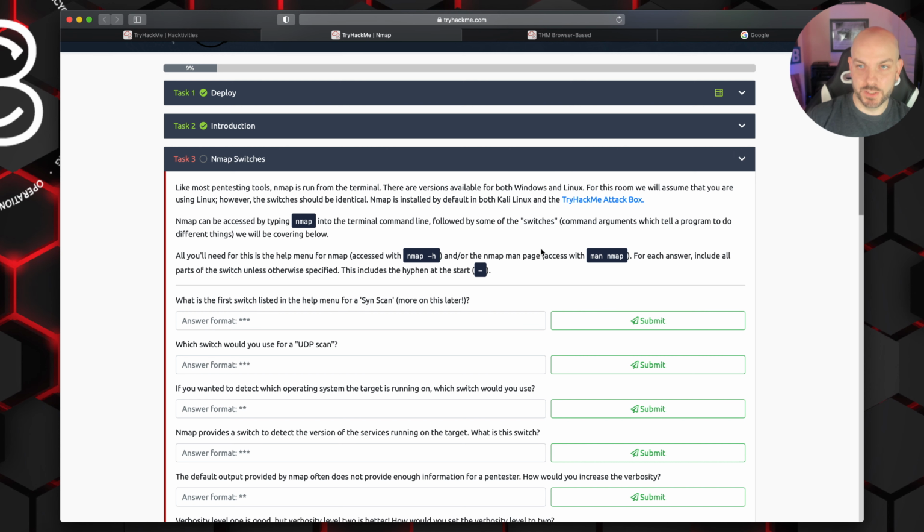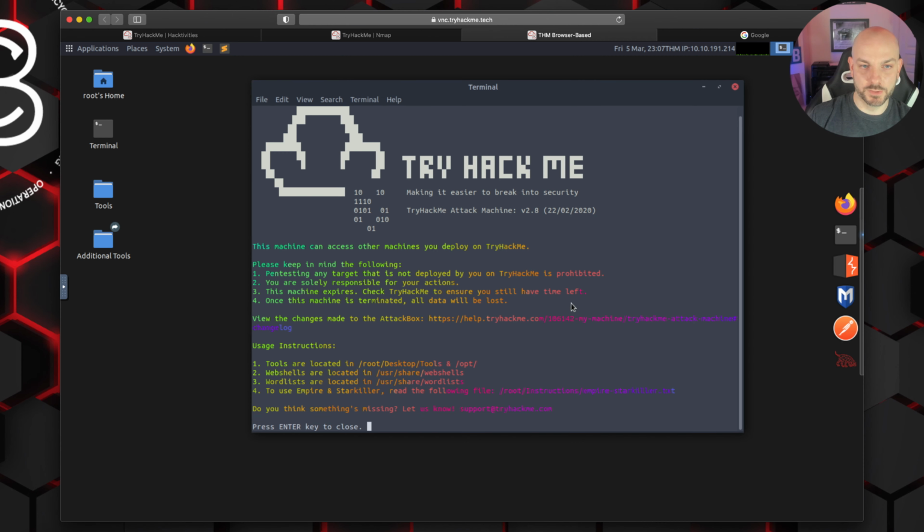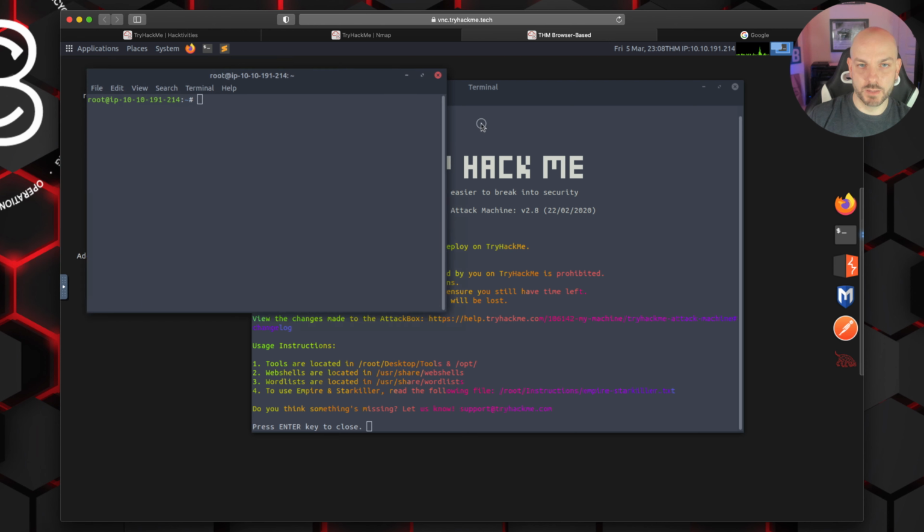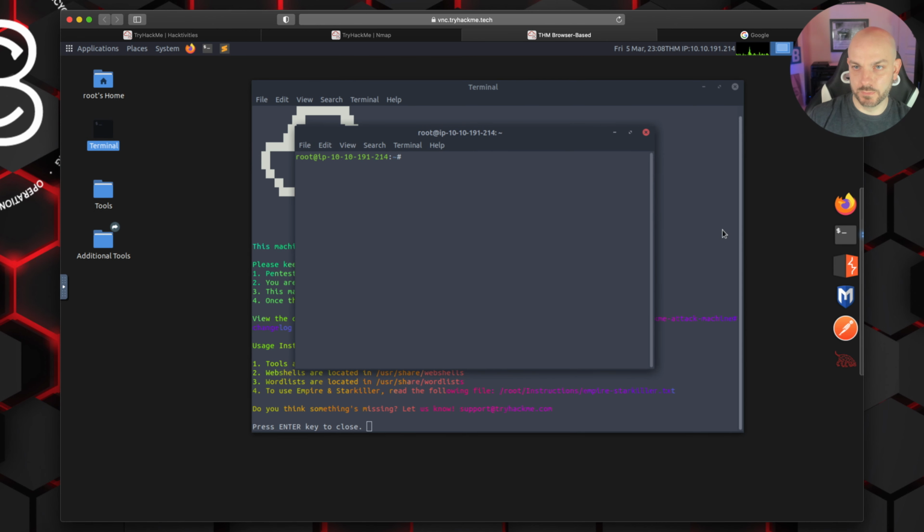So let's take a look here. We're going to go over into the browser. This is the default terminal that pops up. It's pretty much telling you not to be a punk and don't do anything bad. So I'm going to open up another terminal, because I don't think I'm going to need any of these usage instructions, but just in case I do, I'm not closing that out on myself.